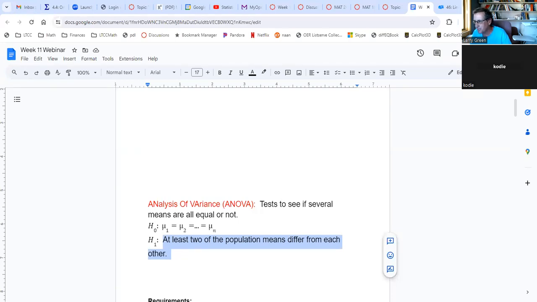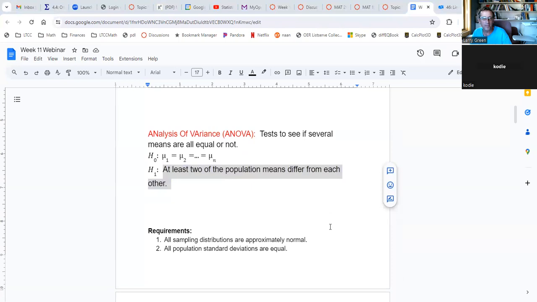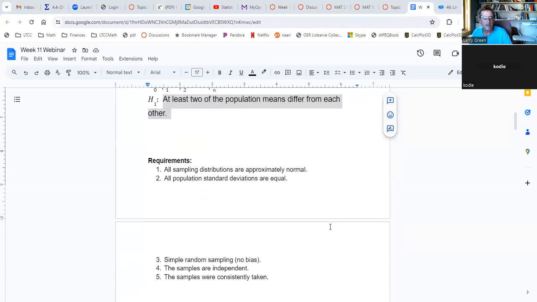But there's going to be a whole bunch of others too. But I figured I might as well go through that one because that's the one we know. So let me show you a bunch of others. So 1 is all sampling distributions are approximately normal. So like I said, if you did the average age of states in the United States, you'd have 50 different sampling distributions, and you have to assume that they're all approximately normal.